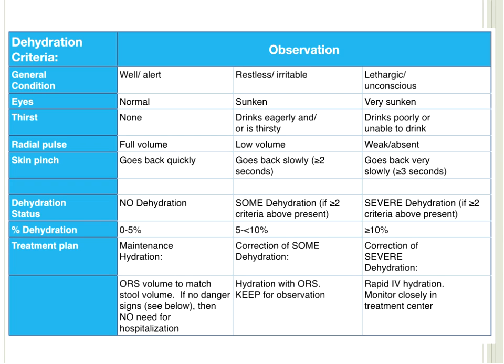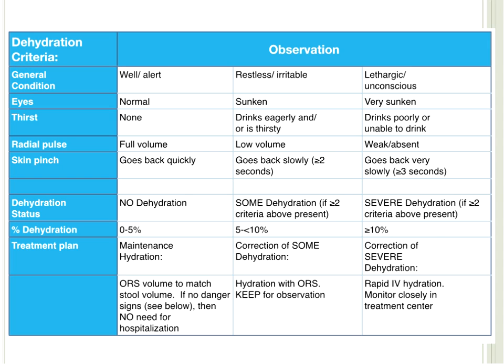So this table just shows you characteristics of patients with mild versus severe dehydration and what to look for. The first thing you want to do is look at the patient, look at their general condition. If they're well and alert, responsive to you, and they don't have any signs of dehydration as mentioned, sometimes you can just give a little bit of ORS to match stool volume.